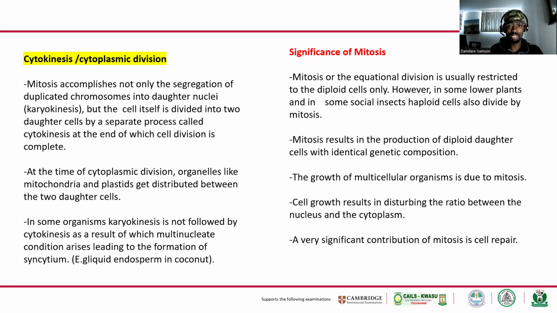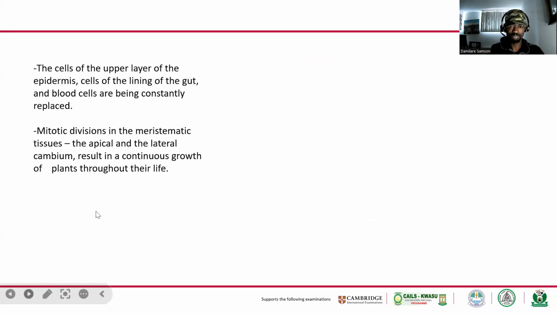That is the function of mitosis. The cells around will begin to produce new cells by mitosis, and they begin to what? To hold on to each other and continue to form until they cover up the whole space. That is cell repair, one of the significances of mitosis.